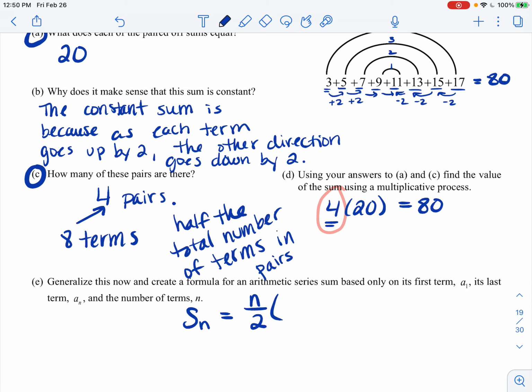But what I'm going to do is think about, okay, my first pair was a 3 and my 17. So that's my first term and my nth term. The reason we're going to use that is because we always are going to have a first term and we're always going to have an nth term, and we know that that is one of our pairs along the way.